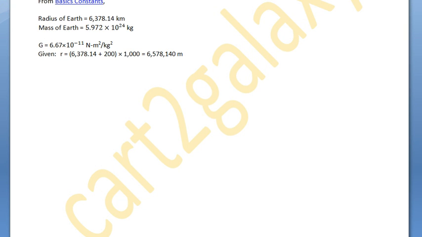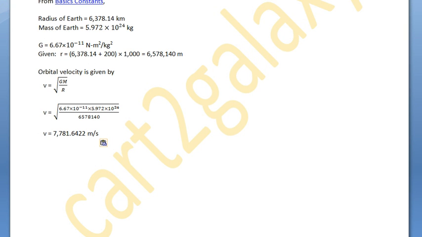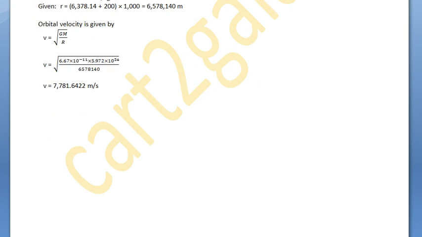The orbital velocity is given by v = √(GM/r). By substituting the values for GM and r, we get the velocity as 7781.6422 meters per second. This is our final answer.